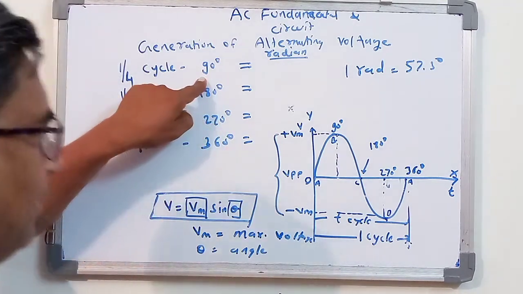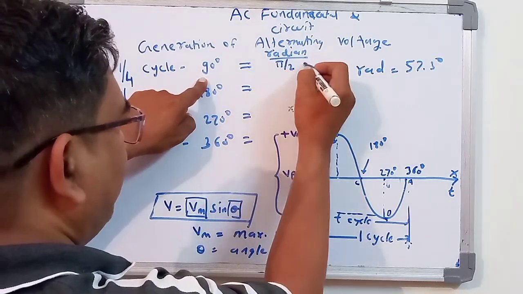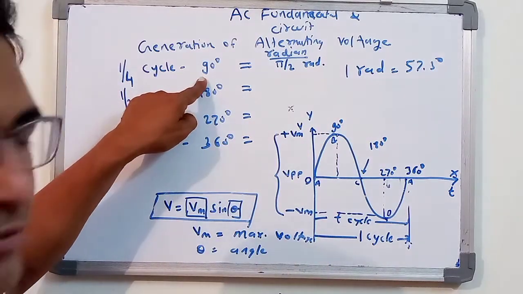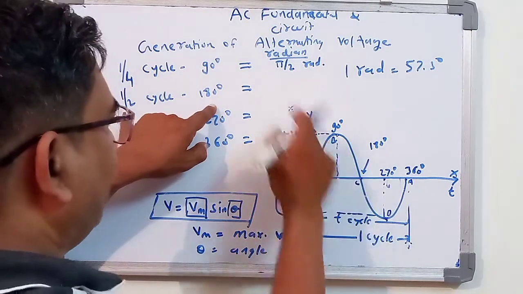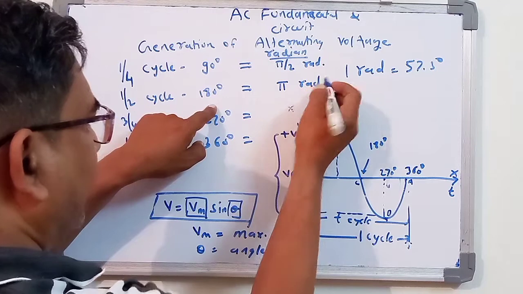This quarter cycle is indicated by pi by 2 in radian. Okay students, the half cycle in radian is indicated with pi radian.